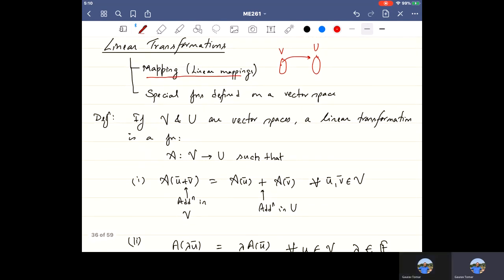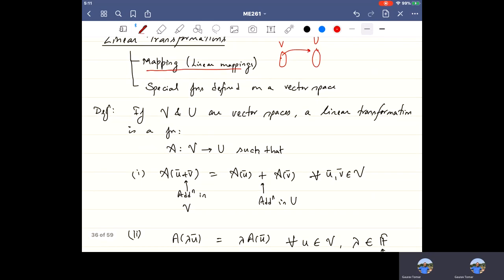Now, if you look at the definition of what transformation you would call a linear transformation, you would see that if we consider two vector spaces, V and U, then the linear transformation is a function which is mapping V to U in the following way. So if you take two vectors and add them up in the vector space V, so this addition is taking place in the vector space V, and you do the mapping. Let's say the mapping is denoted by this symbol.